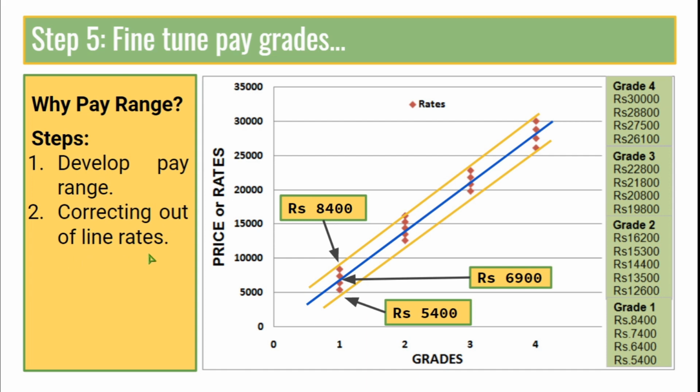That will be fine tuned to 20% above the average pay rate. Please note this problem of out of line rates does not exist in government departments. It is usually observed in private organizations. Further, it's also observed that corporate or private firms use a pay range between 15 to 25%.